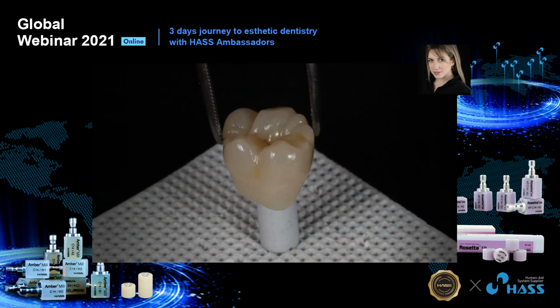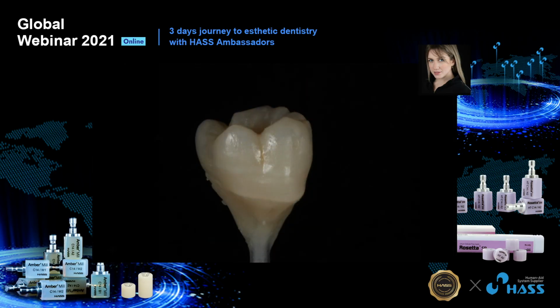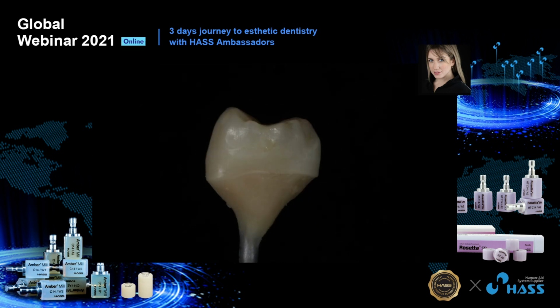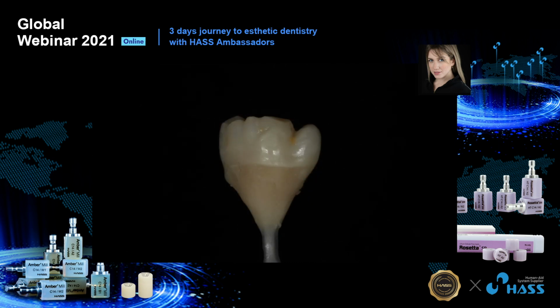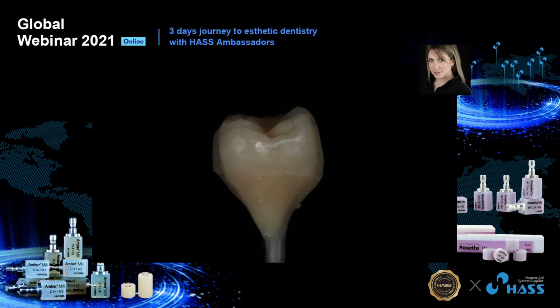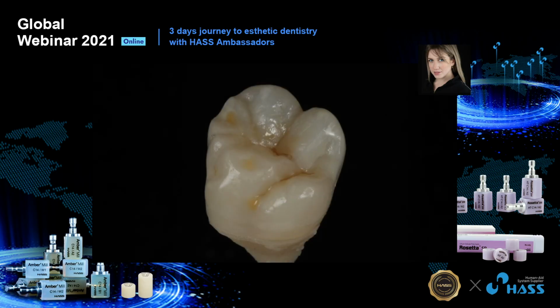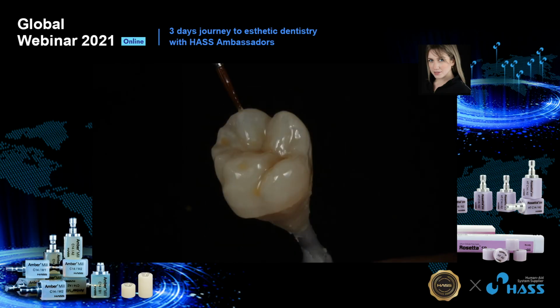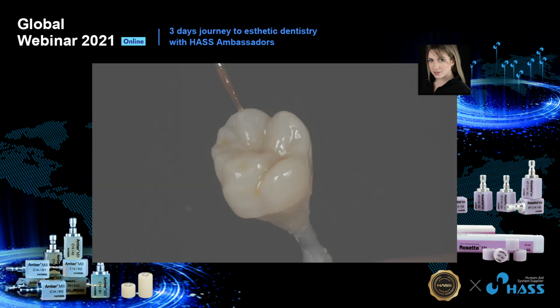Then we stabilize the crown for the firing, and this is the result after the first firing of the stains. After that, I apply a thin layer of clear glaze.